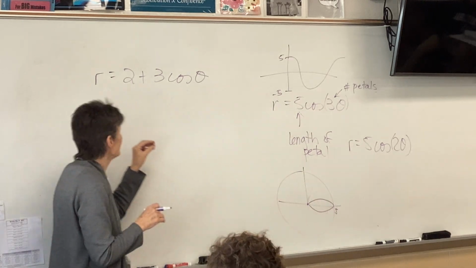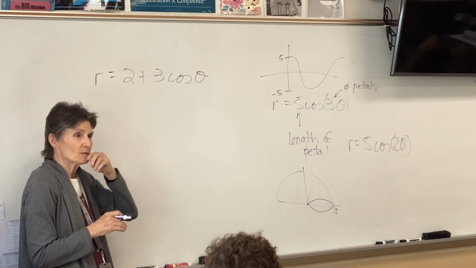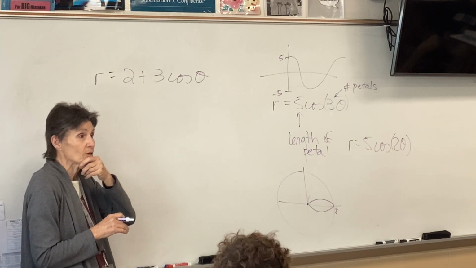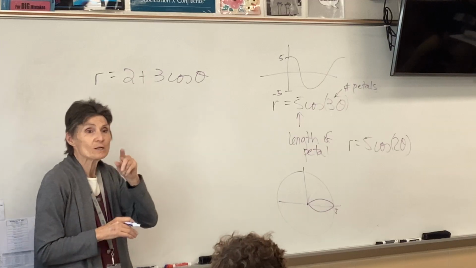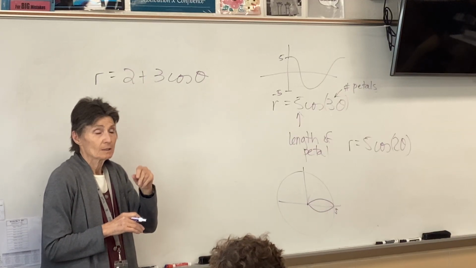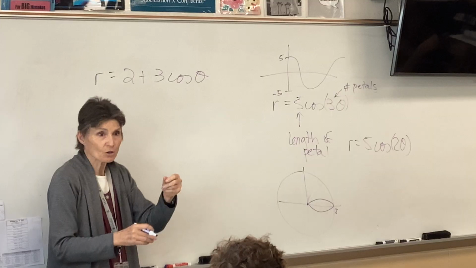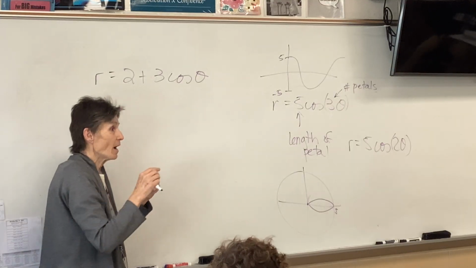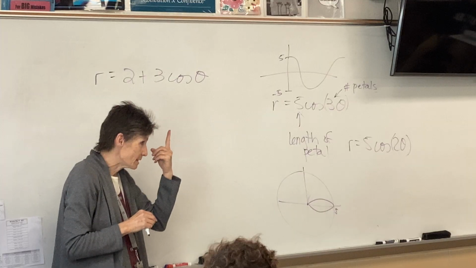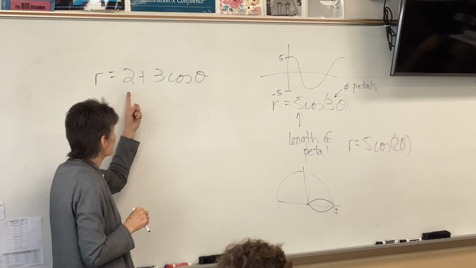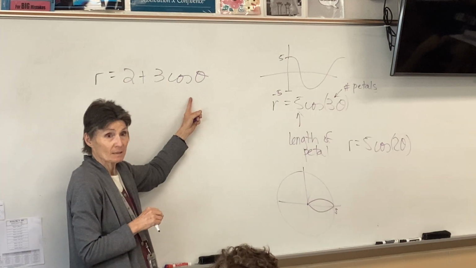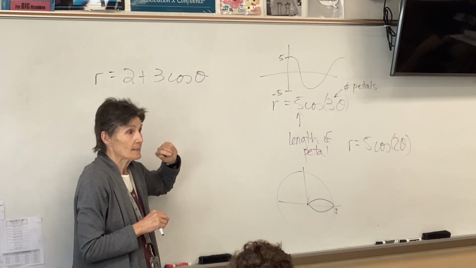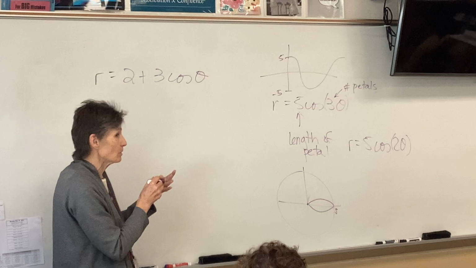Can you tell on your picture how far out this went, or can you figure it out from the equation? 5. How do we know it goes out 5? Well, what's the biggest a cosine can be? The highest number a cosine can be is 1. So isn't the biggest this can be 2 plus 3? 5.